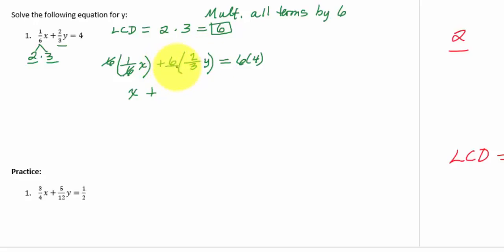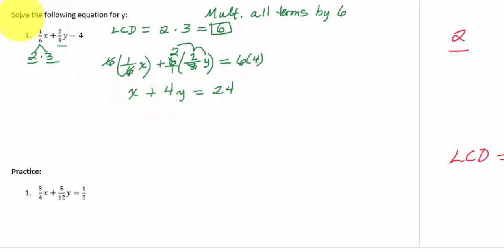You might notice that you can write 6 as the rational number 6 over 1, and that might help your eye to track this a little easier. And 6 reduces with our denominator of 3. That makes exactly 2. So there's no fraction remaining. We have 2 times 2y, which is positive 4y. And last, there are no fractions. It's just 6 times 4, or 24.